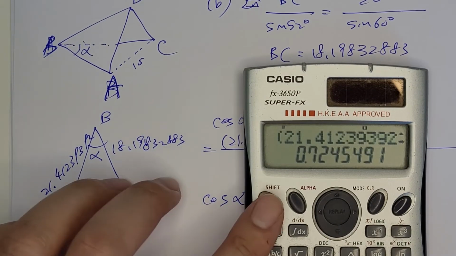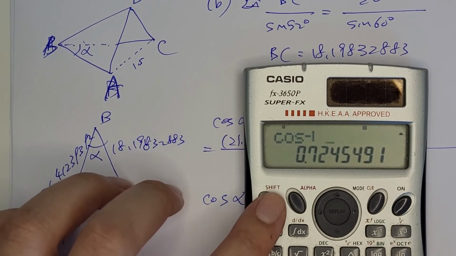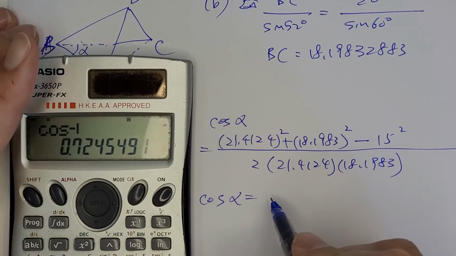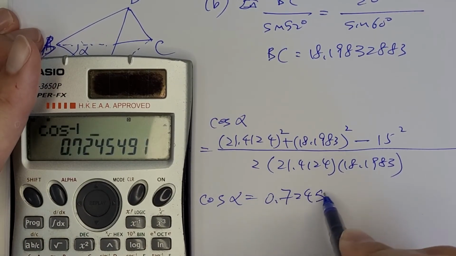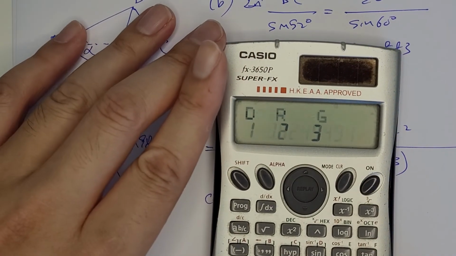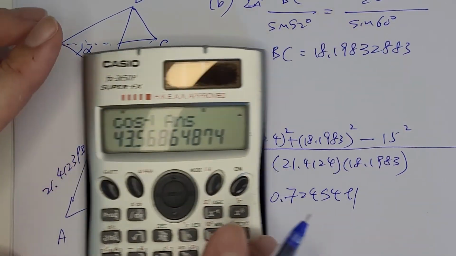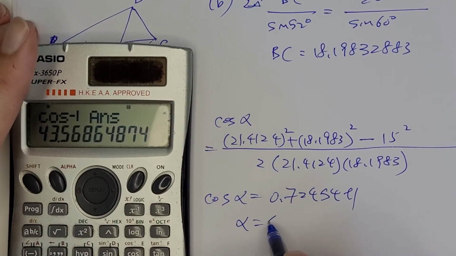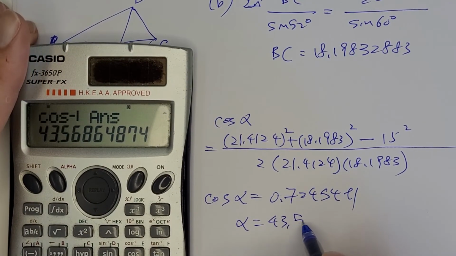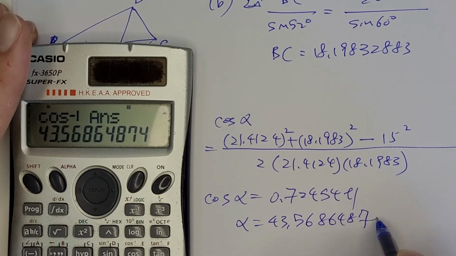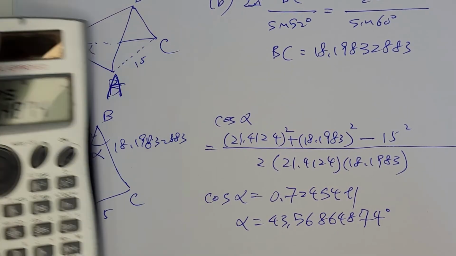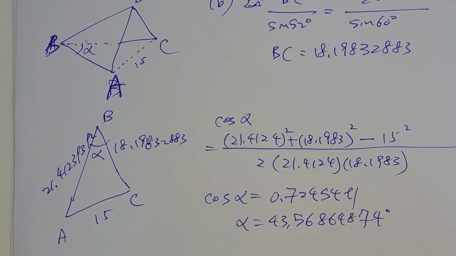You get this one, and then shift cosine. You get 43 degrees something, 43.56864874 degrees. Okay, that's B1.